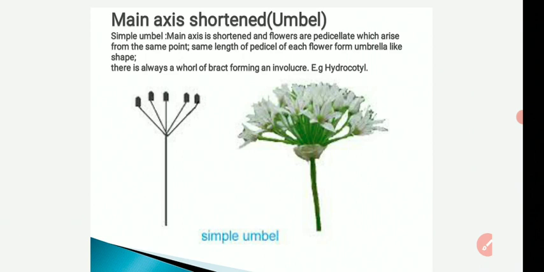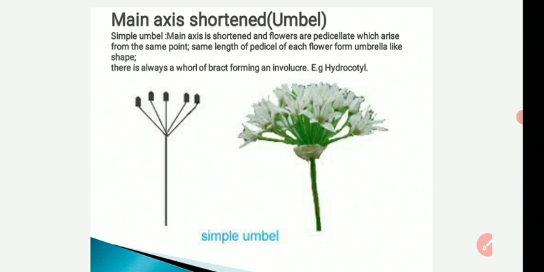In simple umbel, the main axis of inflorescence is shortened. The flowers are pedicellate. A group of pedicellate flowers appears to arise from the same point. The pedicels are of the same length, and therefore the flowers at the top are also at the same level.